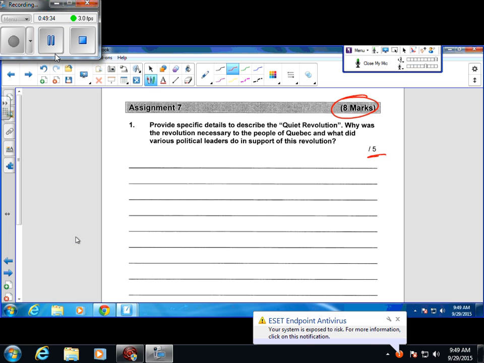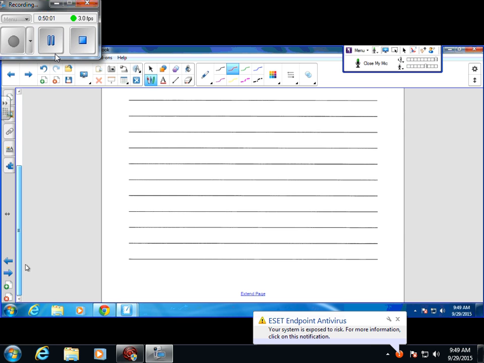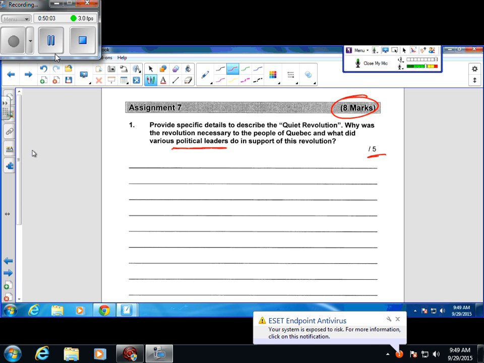Then it asks what various political leaders did, so we're going to talk about a couple of the Quebec premiers, such as Jean Lesage and Maurice Duplessis, and what they did to support this revolution. It's out of 5 marks, and remember, the more detail you provide, the better your mark will be, so as much detail as possible.